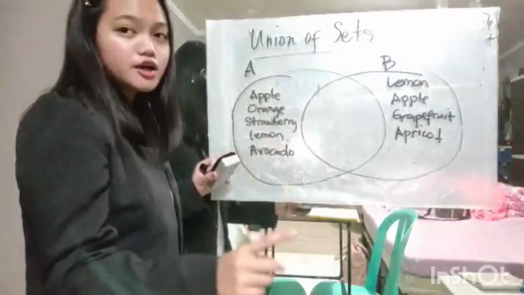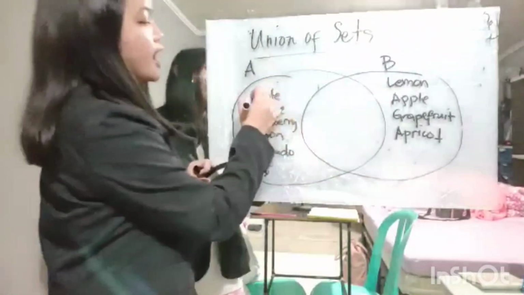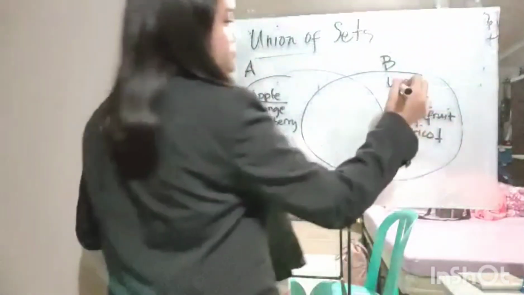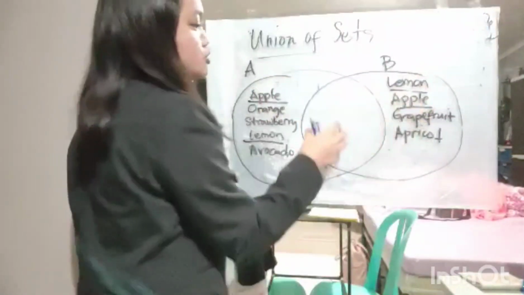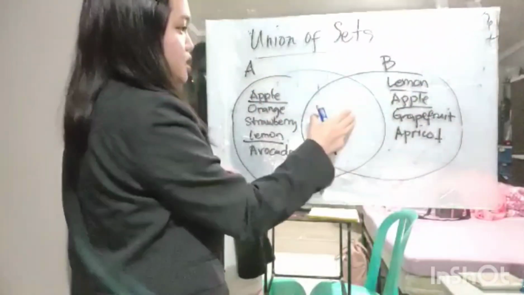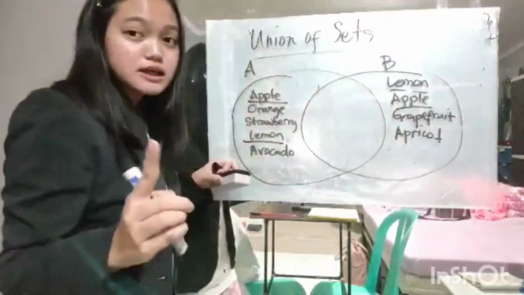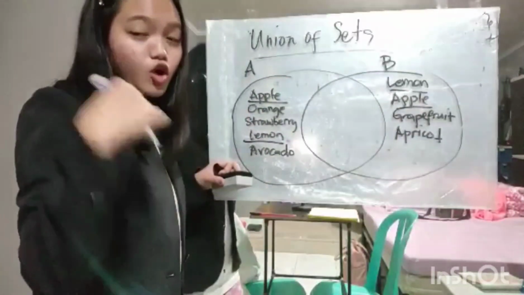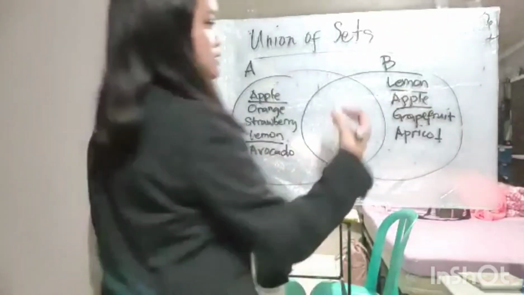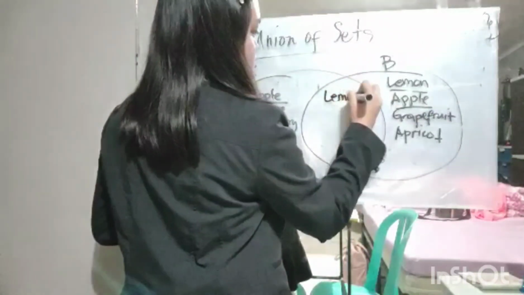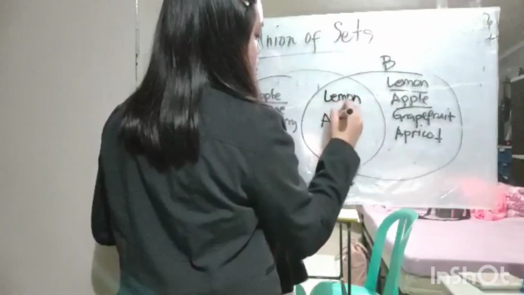What are the common members? They are the apple and the lemon. These two members should be written in the middle, because, as I've said, common members should be shown once. So, lemon, apple.